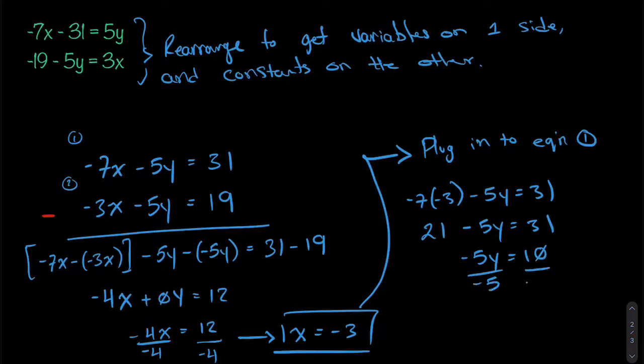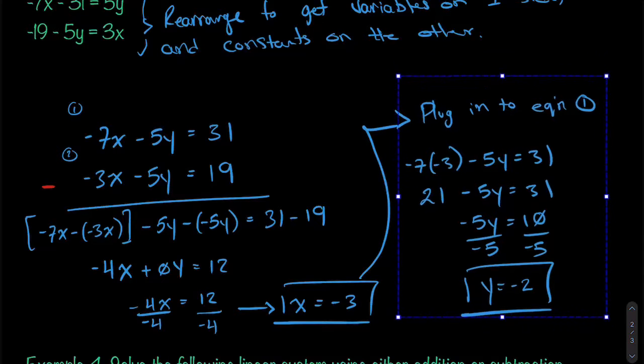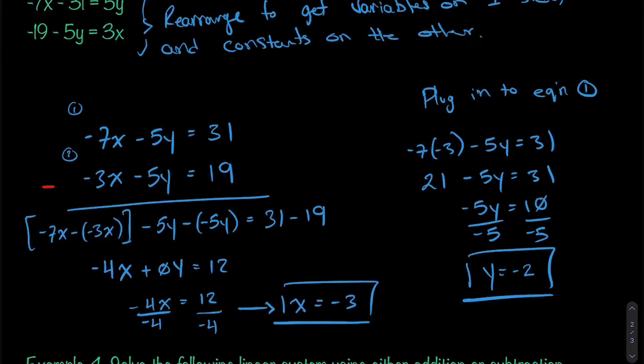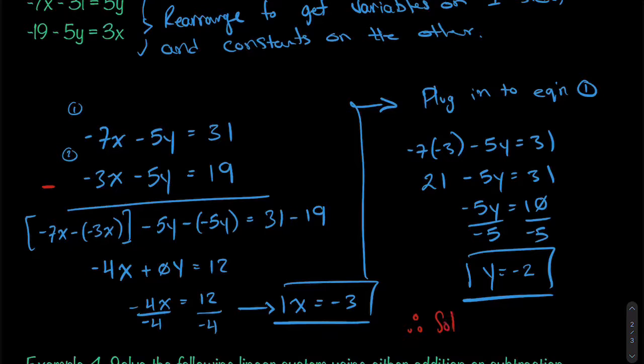Divide by negative 5, and we got y equals negative 2. Okay. So I'm just going to move all of this up. So therefore, the solution is negative 3, negative 2, right?